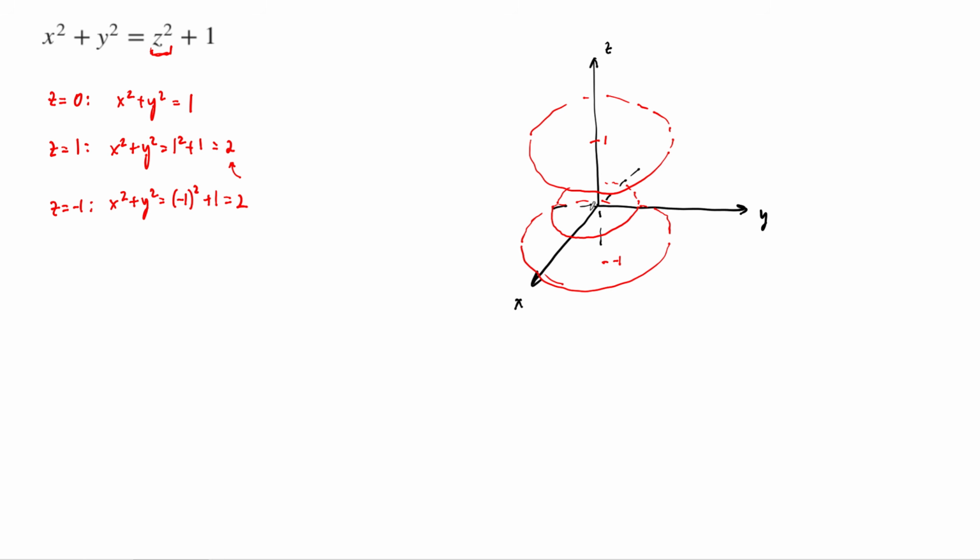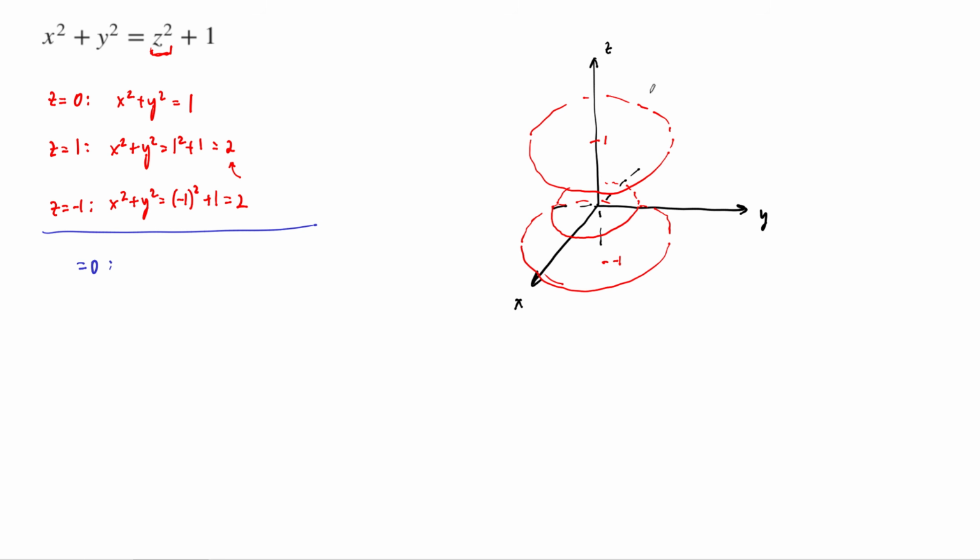And now the question, once again, just like before, is how do we connect these? Are we going to just draw straight lines again and they come to a point around the waist here, or is something else happening? So let's once again take a slice. I think I want to take x equal to 0 first.